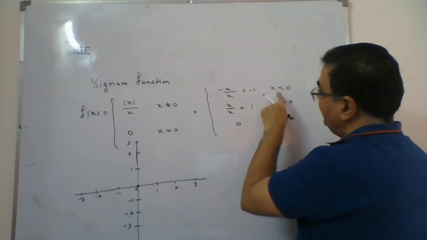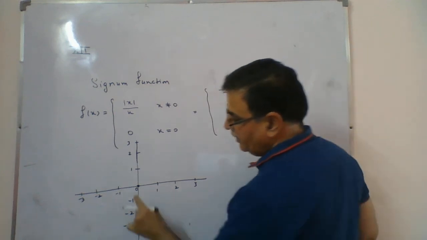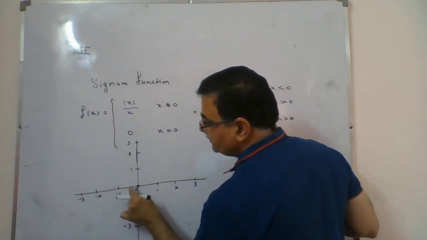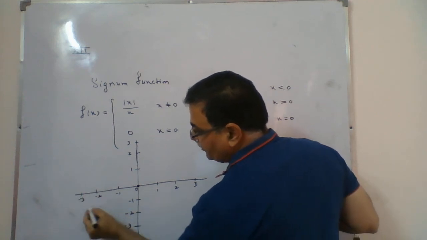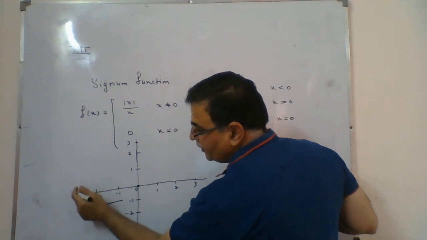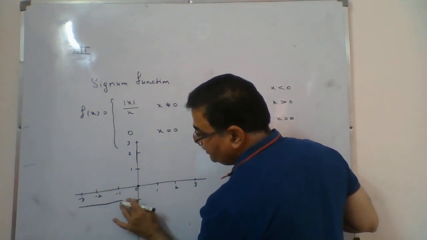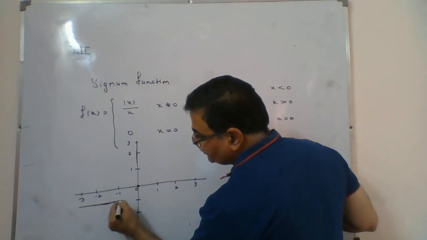But whenever x is less than 0, your answer is -1. At -2 it's -1, at -3 it's -1, at -5 it's -1, so this continues with -1.